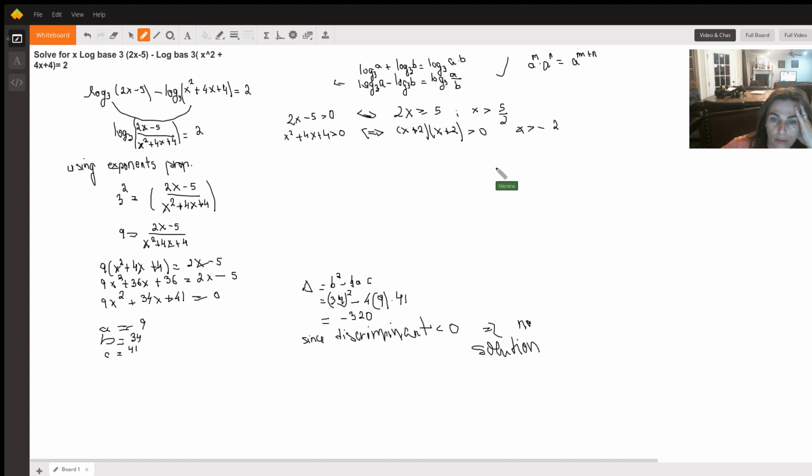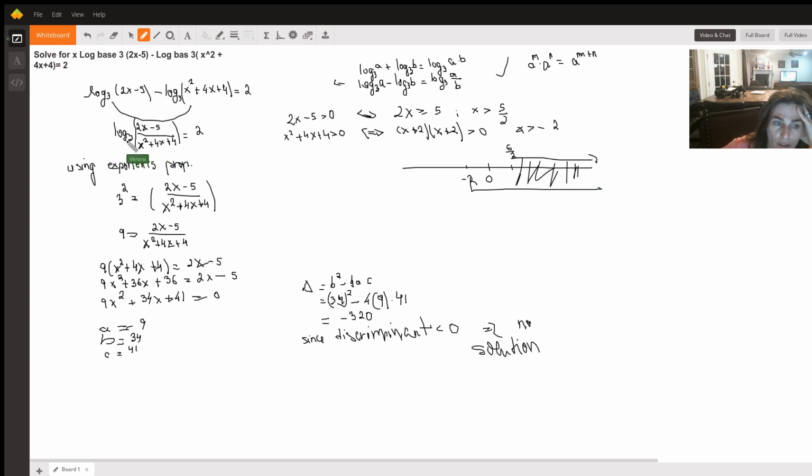So when I look at my solution set, let's say somewhere here is 0, and then I have negative 2, and then my other condition is 5 over 2. For this condition, greater should be from here further. And when I look at the intersection, I can only have solutions from 5 over 2 going toward infinity.